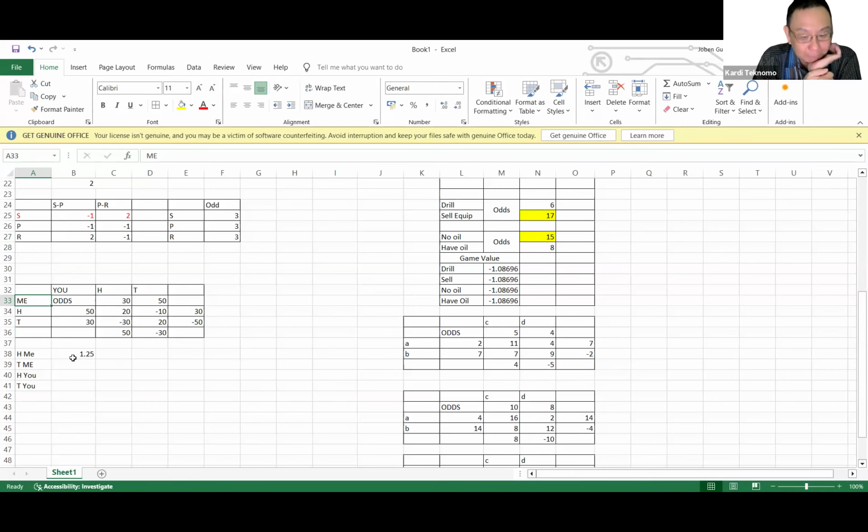So for me, I always get a positive game value of 1.25. Of course, I'm thinking of myself, so I want this positive. If it's positive, I always win. It's a win for me, unfair for you. Correct.